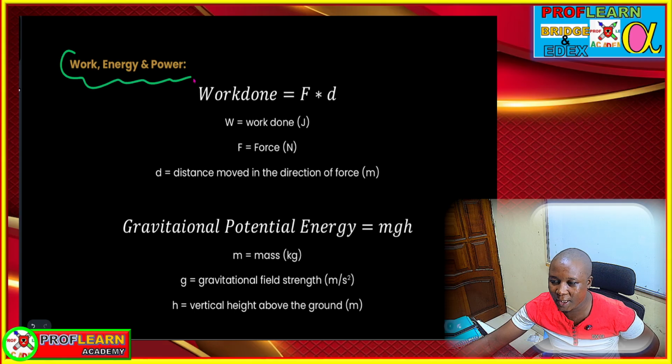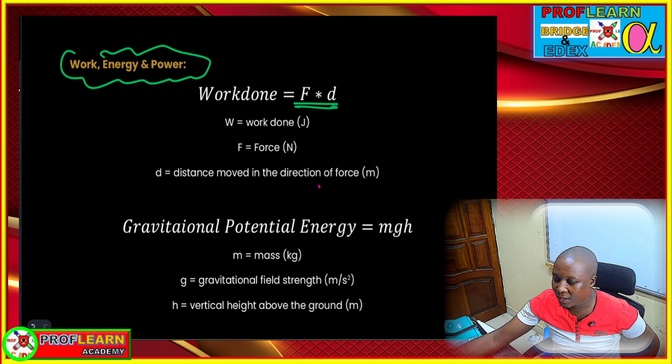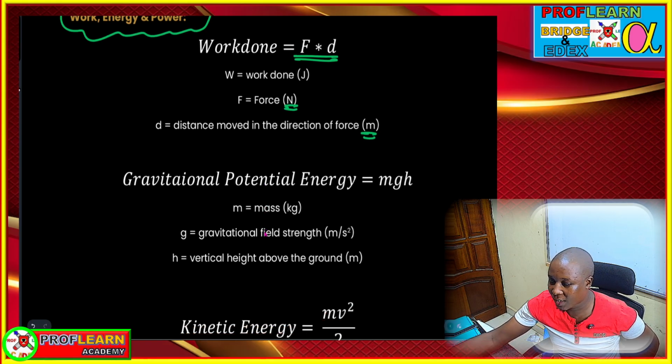For work, energy, and power, you need to understand that work done is force times distance, and distance should be in meters, and the force must be in newtons. Gravitational potential energy is mgh.